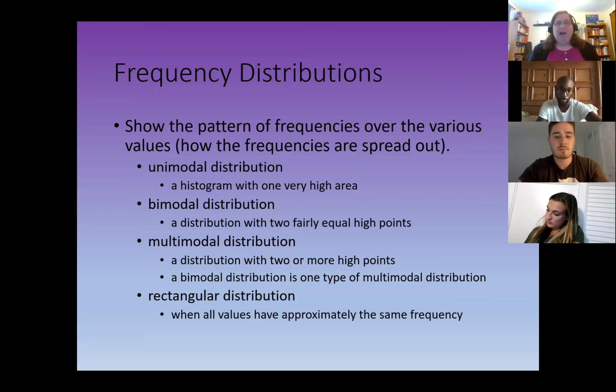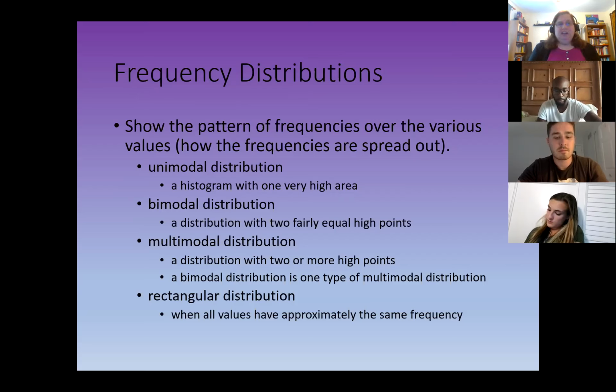So a bimodal distribution is one type of multimodal, because if you have 2, you could call it bimodal, or you could call it multimodal, which is 2 or more. If you have 3 high points, you have to call it multimodal, same for 4, same for 5, etc. But if it's 2, it could be called either bimodal or multimodal.